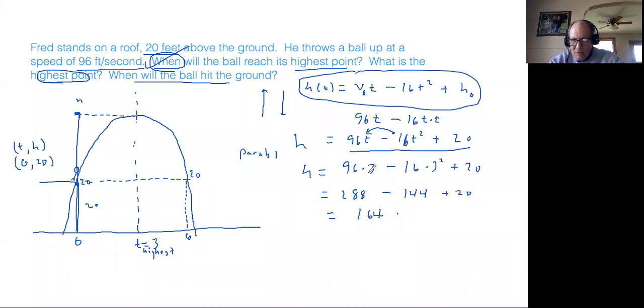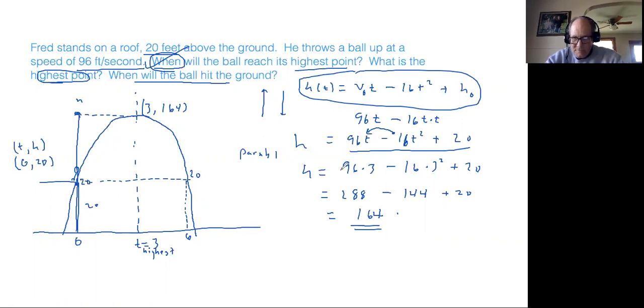So we plug the 3 in. 3 times 96 is 288, and 3 squared is 9, and 9 times 16 is 144. 288 minus 144, and so forth, and we get 164. So this point right up here is the point (3, 164): 3 seconds, 164 feet.